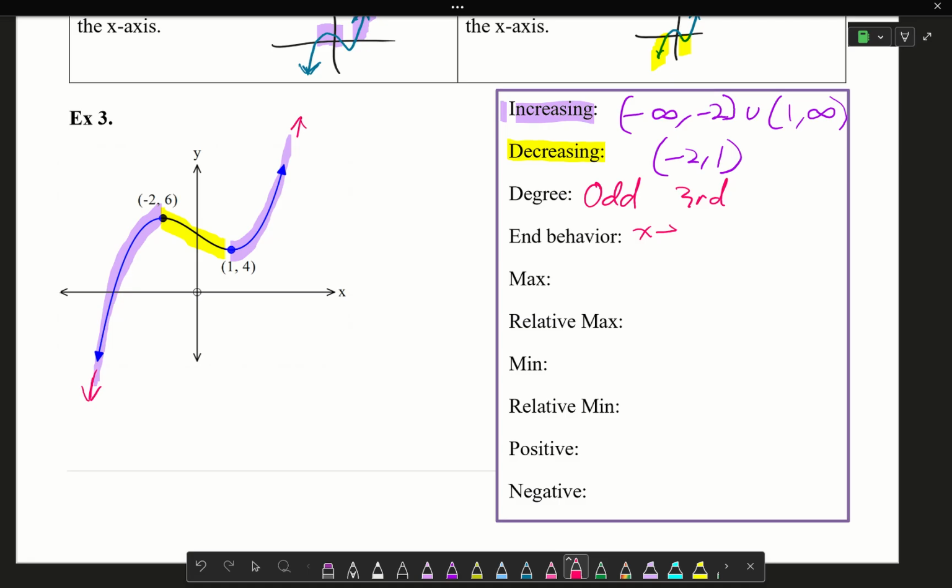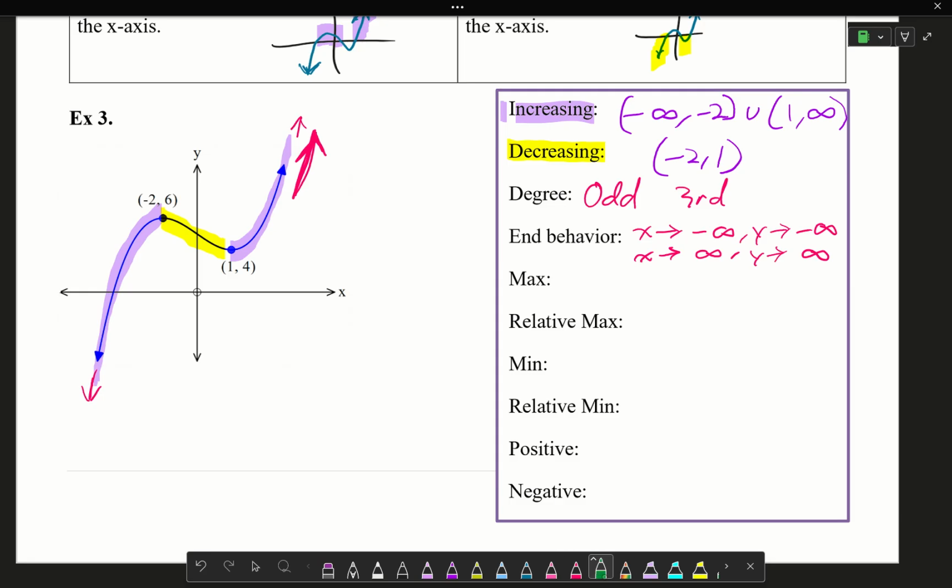We can do as x approaches negative infinity and as x approaches positive infinity. Now this graph off to the right is definitely going upwards, so we can tell that it is in fact a positive graph. Or you can just read off the graph to get your end behavior. Heading positively and negatively, y approaching negative infinity to the left and positive infinity to the right.